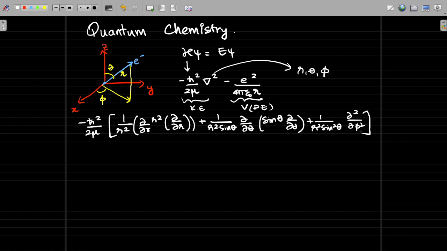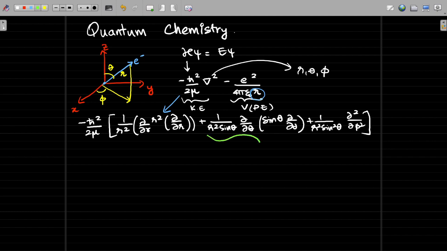So this is how our Laplacian looked after transforming to r, theta, phi. Of course, this is already in r, so we were able to combine these. And after deduction, we were able to reduce a significant part of it.